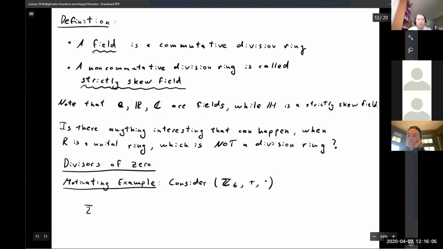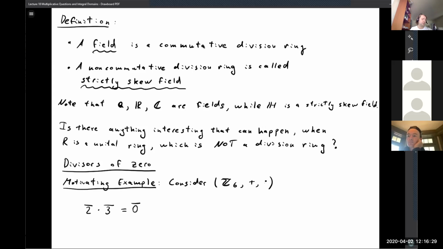So let's look at 2 and multiply it by 3. What will be the result of this multiplication in Z6? The 0 element? Yes, that's right. Great. So what we get is the 0 element.